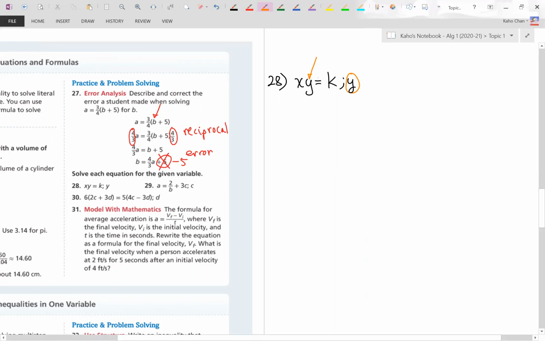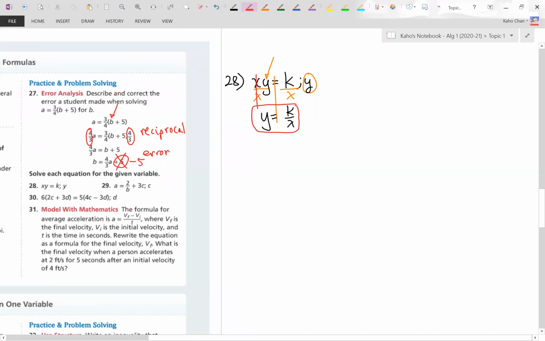How do I move the x to the other side? You need to undo operations by finding the opposite of multiplication, which is division. Divide both sides by x. And you're done. I know, that's too easy, right? Y equals k over x is the literal equation you just created by rearranging the formula. 29 is next. Here we go.